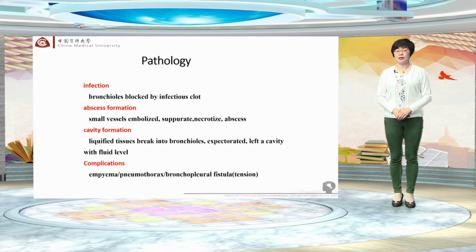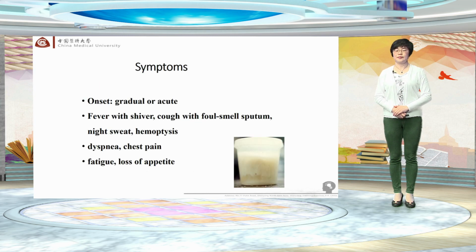After that, liquefied tissues break into bronchioles and are expectorated, leaving a cavity with liquid level. This is cavity formation. In the end, there are complications such as emphysema, pneumothorax, bronchopleural fistula. This is the whole pathology of lung abscess.